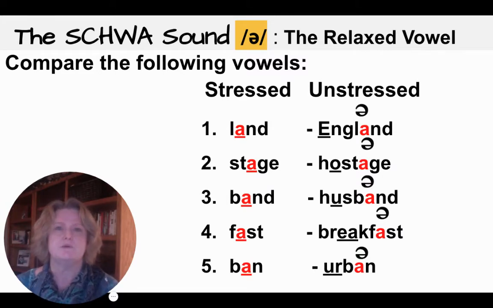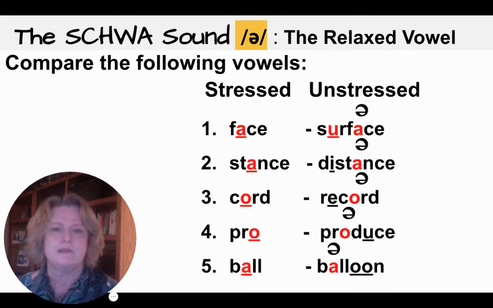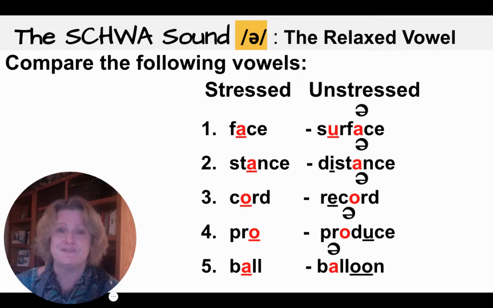And think of the word ban, black. Now in the word urban, urb is purple, the stressed part, and ban becomes bun, urban. Here are some other examples. Face is gray, but in the word surface, the stress is on sur, which is purple, and face becomes fuss, surface.